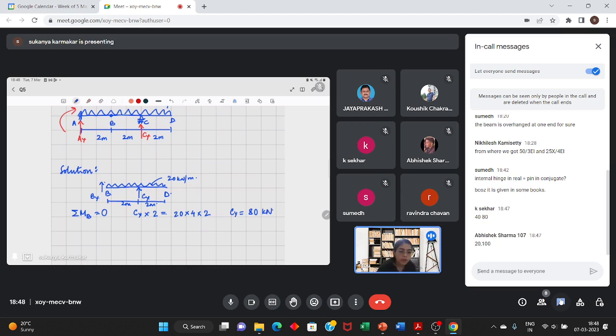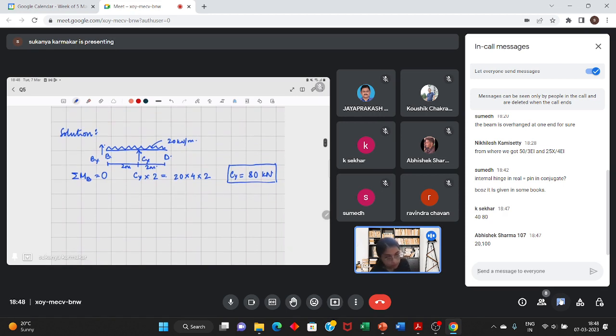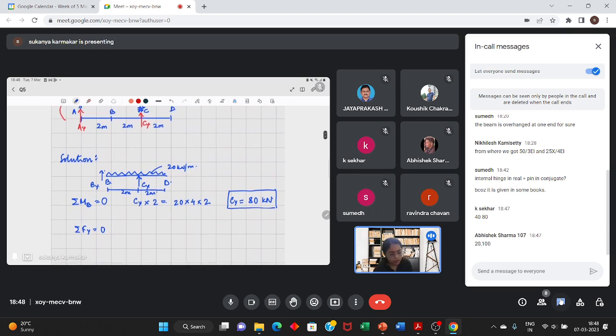Okay, someone has answered 80 kilonewton. So Cy is 80 kilonewton. Then summation of Fy is equal to 0. So it's not required.